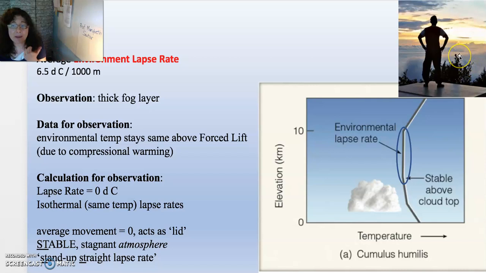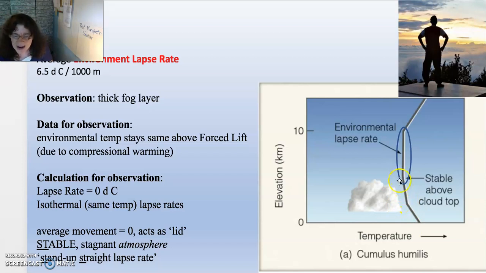And we can observe this, and we can also look for data that shows this. The data would show a straight up and down line for the environmental lapse rate on the sounding. So in other words, you had an area here with a forced lift that brought the water vapor up through the atmosphere.